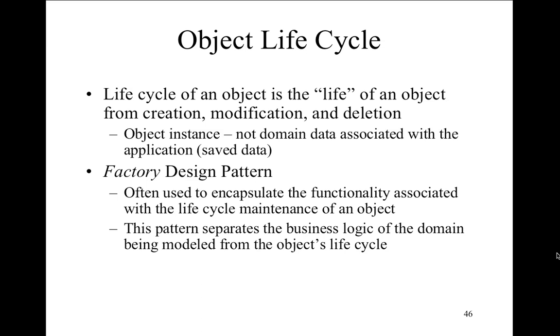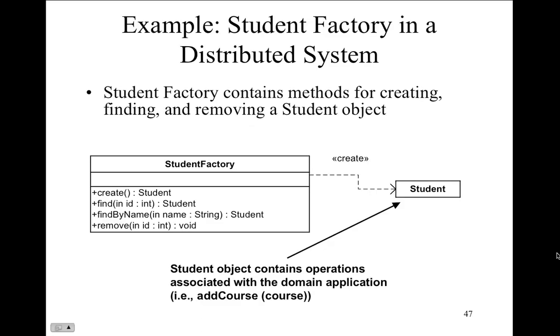So we have the factory design pattern, and here's a sort of an example of it. Student factory contains methods for creating, finding, and removing a student object. So it's methods for creating, finding, removing, manipulating, controlling object instances. So the student object contains operations associated with the domain application. As an example, adding a course as a method.